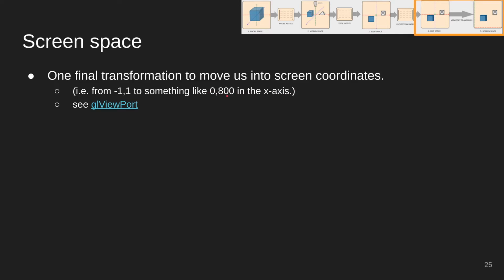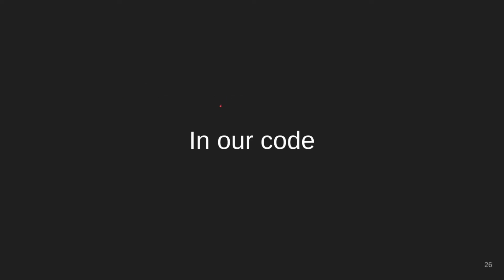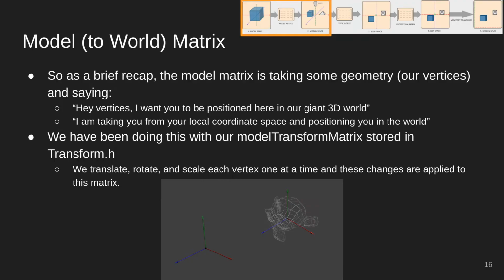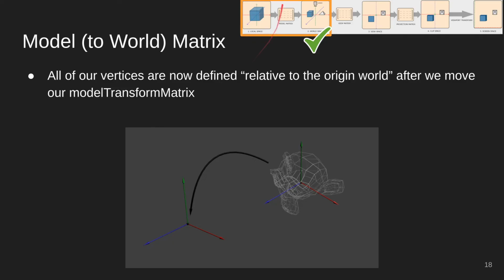So maybe it's 800 by 600, for example, or 1024 by 768 or whatever. So again, that's just a little review and reflection on what's going on with the MVP matrix. It can be helpful to think of it as this pipeline.